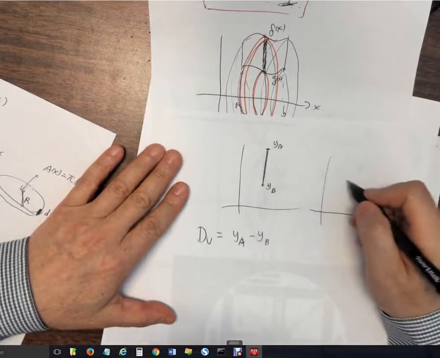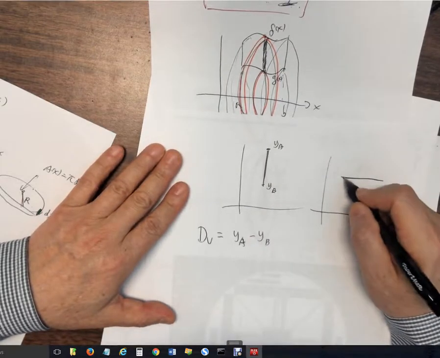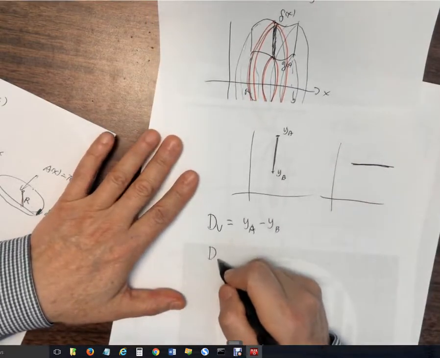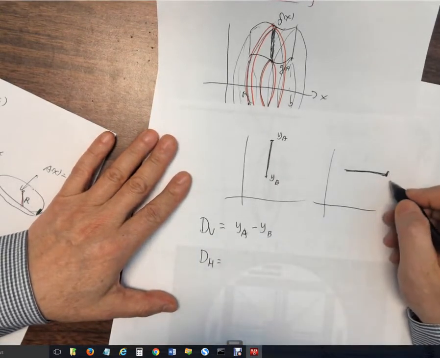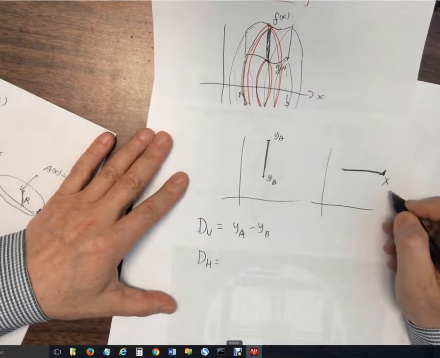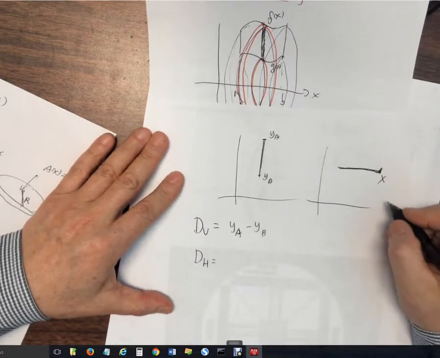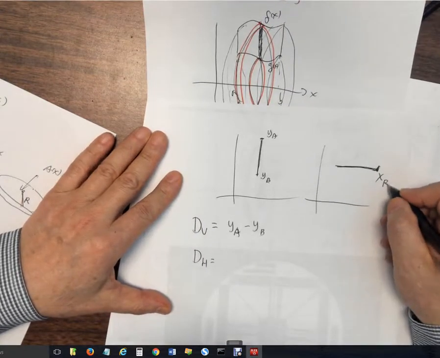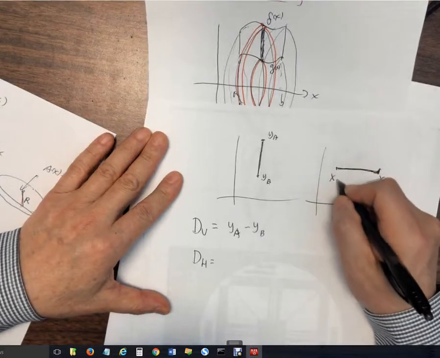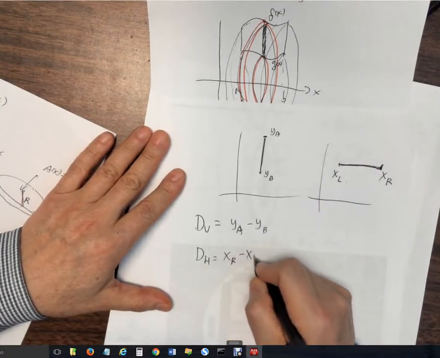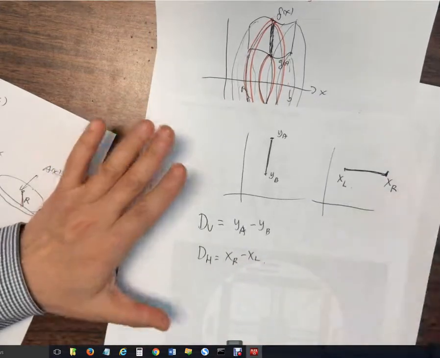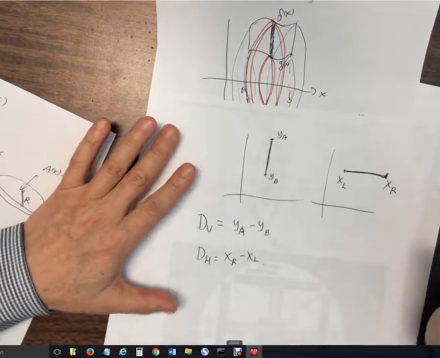While horizontal distance, sometimes we need to figure out, would be the x expression or x value at the right end minus the x at the left. Again, common sense. Very simple, but extremely important.